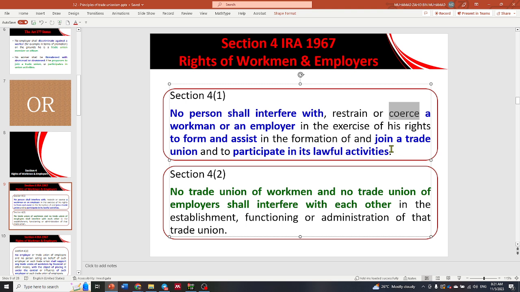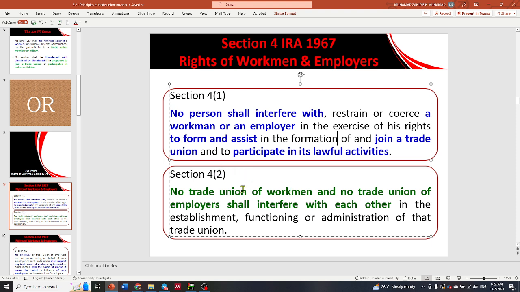Coerce, paksa. Tidak dibenarkanlah paksa siapa-siapa pun. You tak boleh paksa orang join dan you tak boleh masuk campur dalam keadaan yang terpaksa, dalam keadaan yang ada tekanan. Okay, dia berbeza. It should be a meaningful punya relationship.